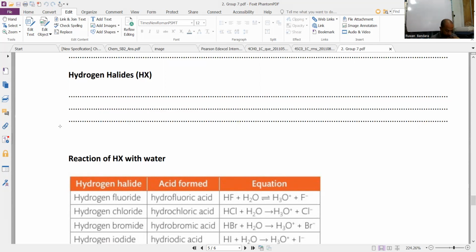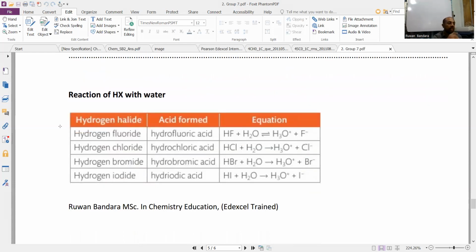They readily react with water to form acidic solutions which are colorless.